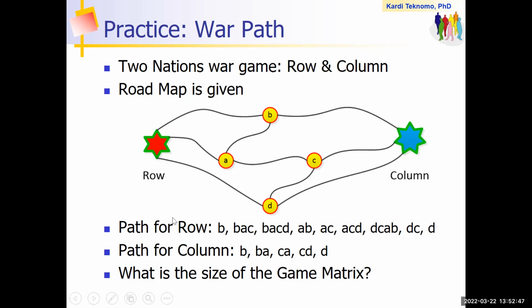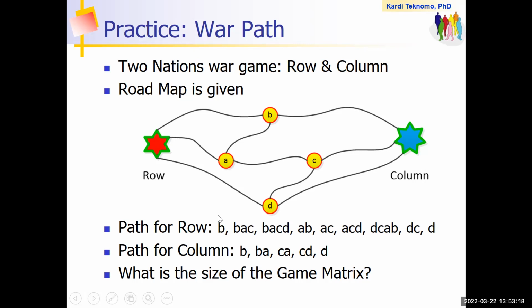The path for the row is, for example, passing through B and then go to column. Or going through B and then A and then C and then go to the column. Or B and then A, C, D, and then go to the column, or directly A, from A and then B and then go to the column, and so on.